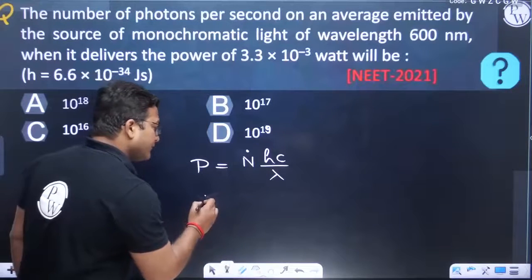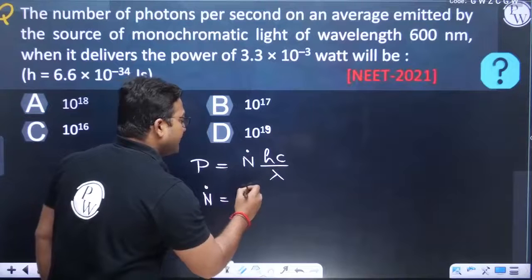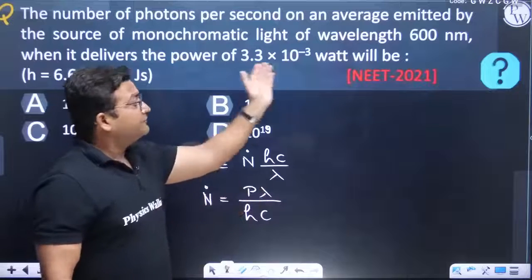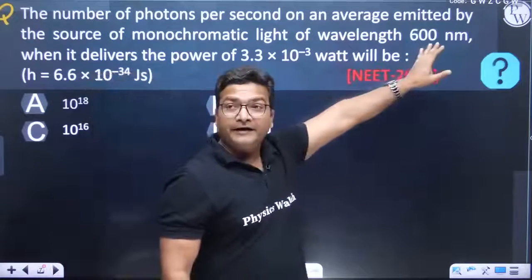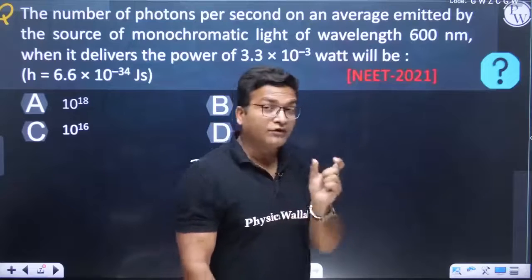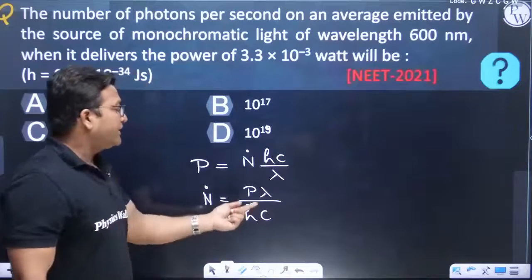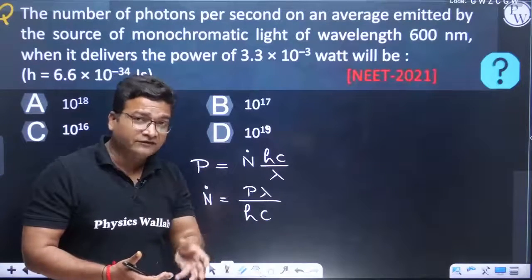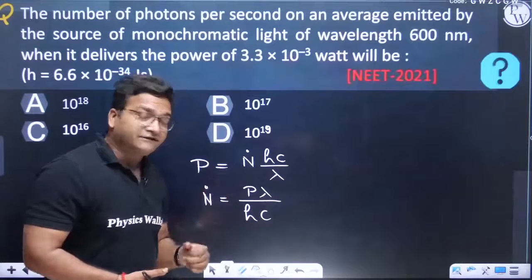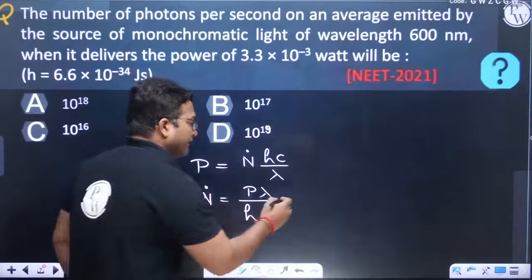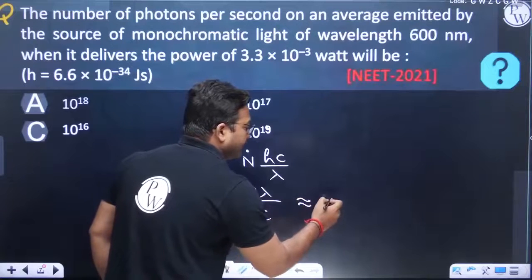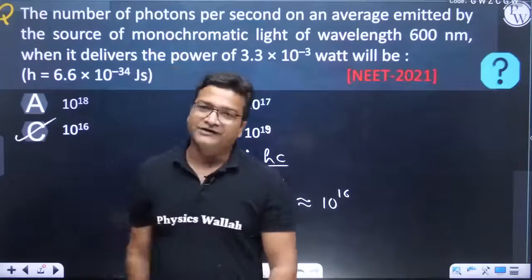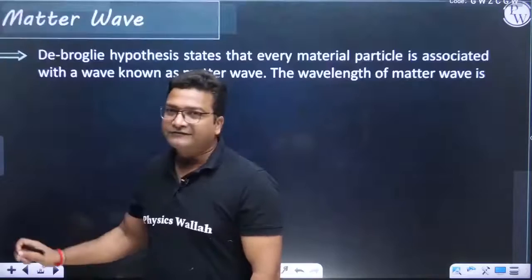Now n dot equals P times lambda divided by hc. Now put the values of P as this, lambda as 600 times 10 to the power minus 9 because we have to convert to meters, and h and c, whose values you already know. If you put all the values, the value of n dot is going to be nearly 10 to the power 16. So that's why C is your perfect choice. That is your answer. Let us see what we have next.